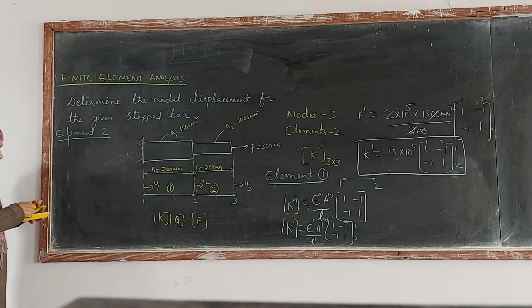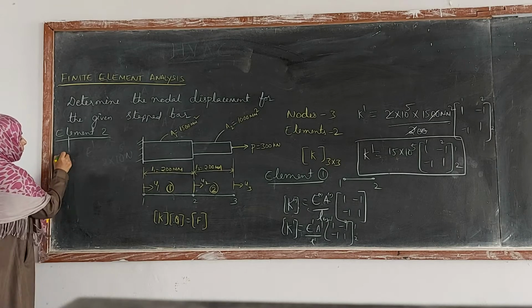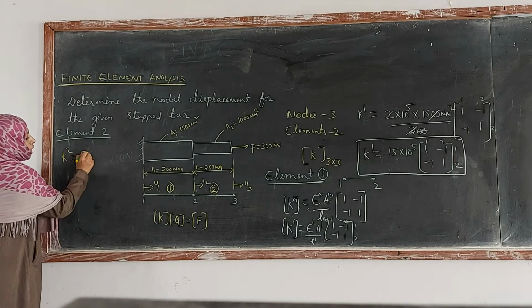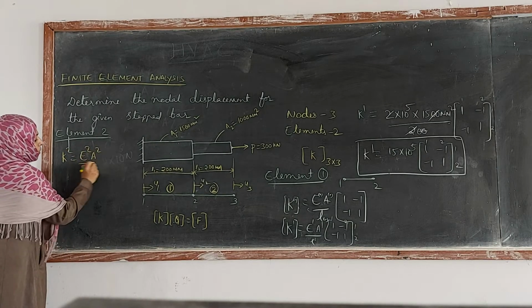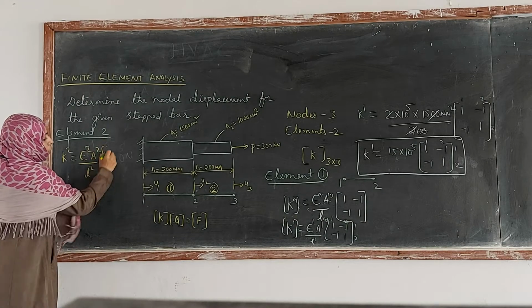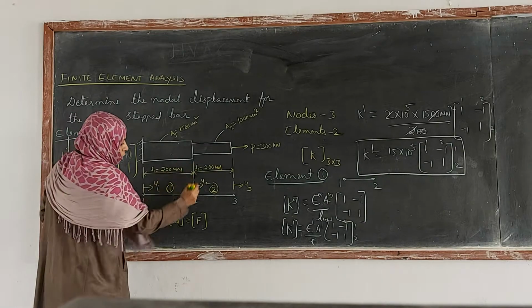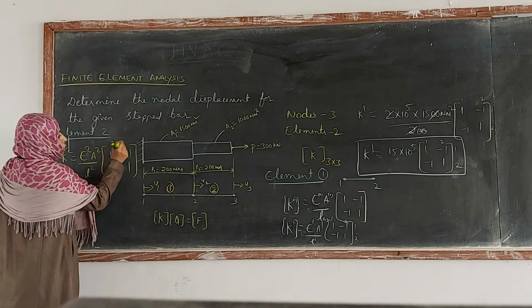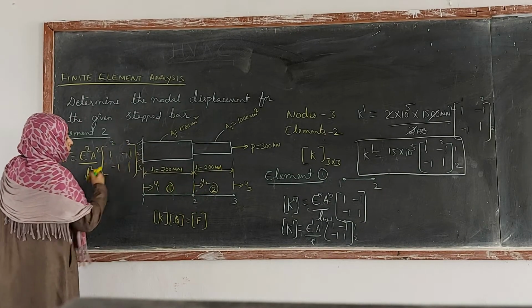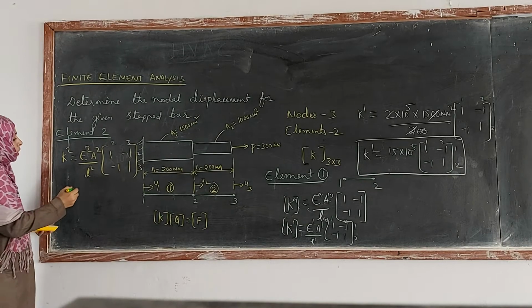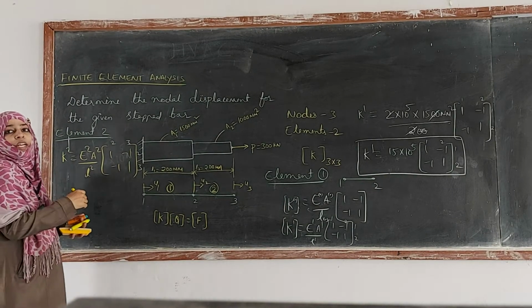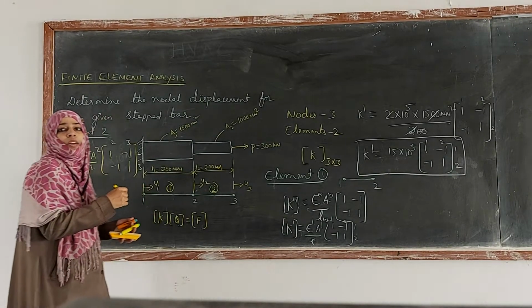So our K2 is E2 A2 by L2, [1 -1; -1 1], where the shading nodes are 2 3 2 3. After substituting, we need to put in the data to get the element stiffness matrix.